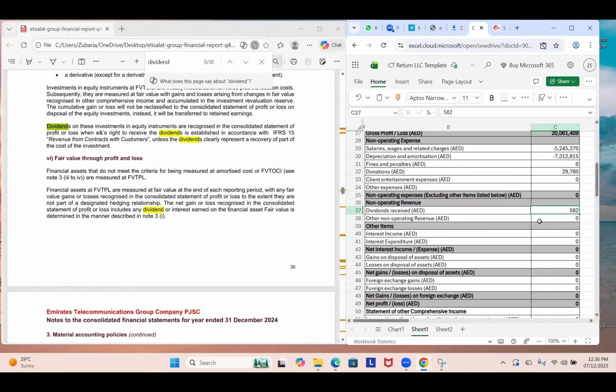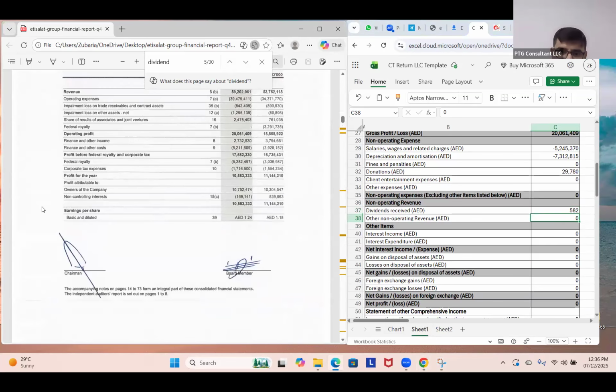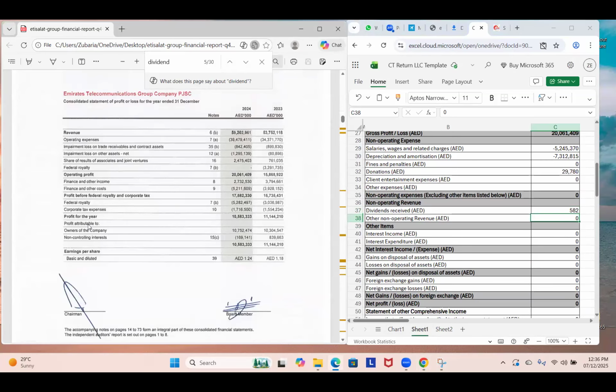Next, non-operating revenue. I don't think we have any specific figure so far, but next is the interest income. Interest income is under finance and other costs.